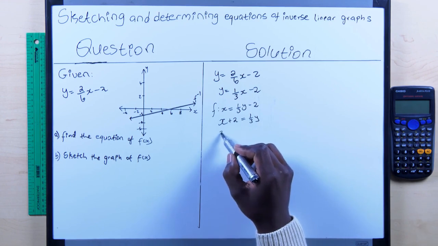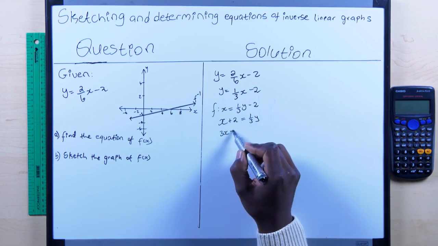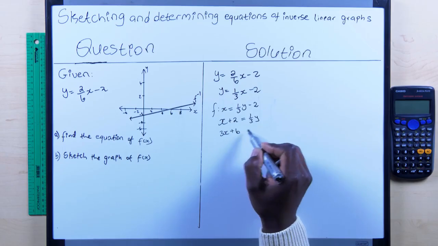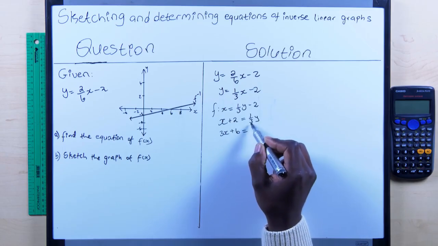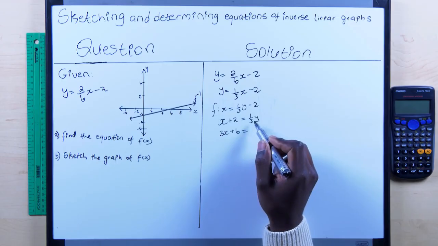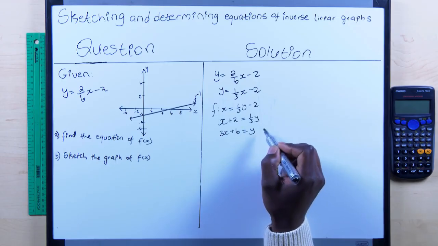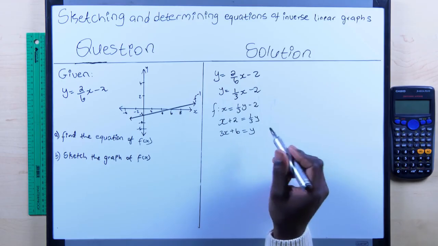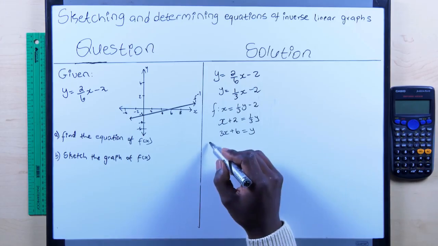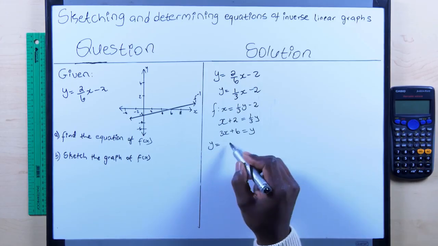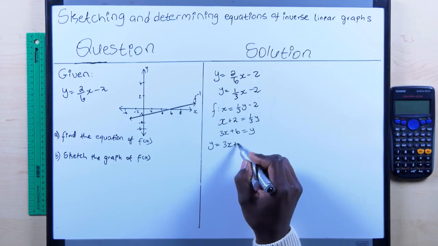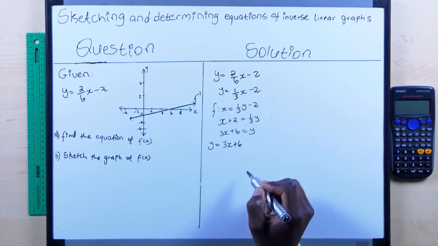So 3 times x is 3x, plus 2 times 3 is 6, equals 1 over 3 times 3, which is 1, times y, y. So what is your f of x? Your f of x is y equals 3x plus 6.